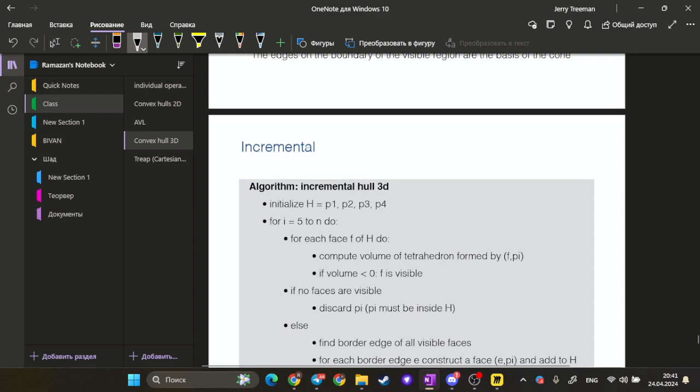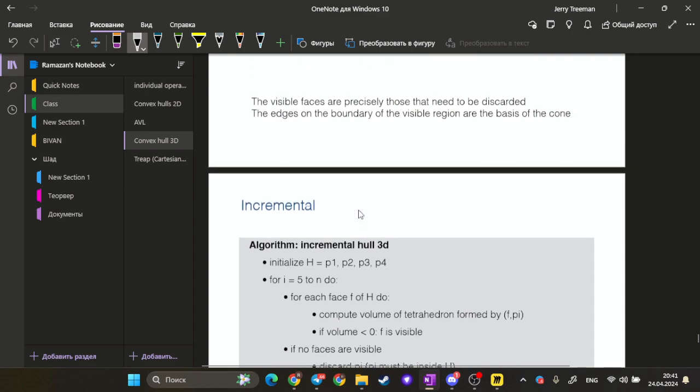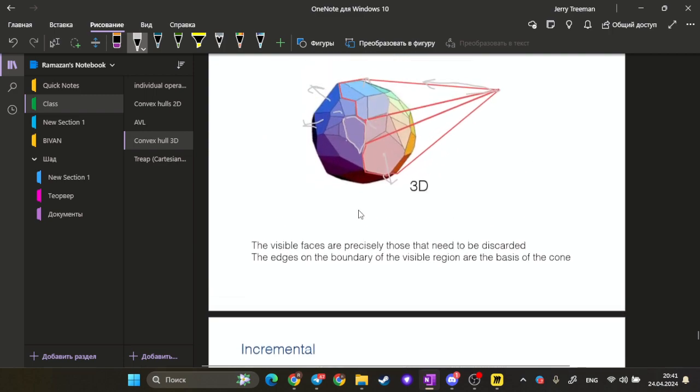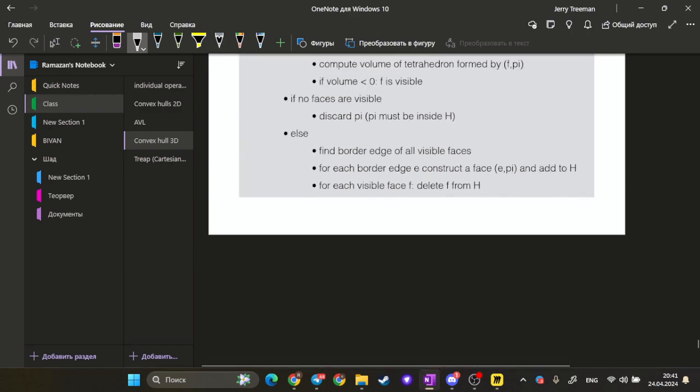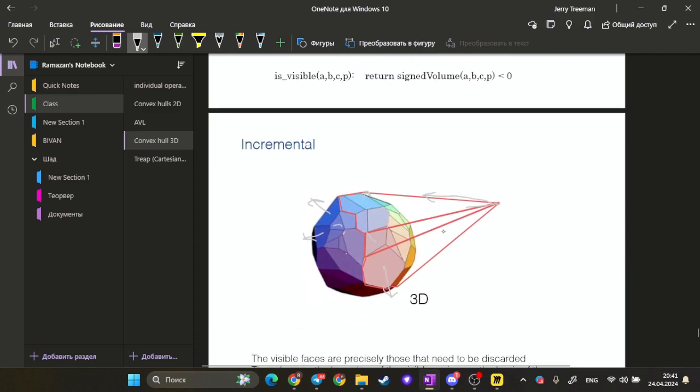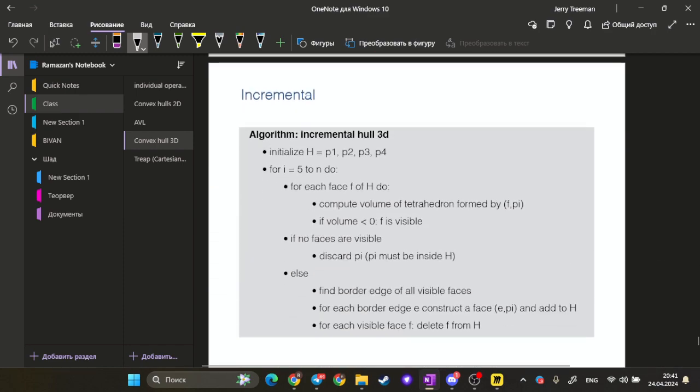Stop, tetrahedron. It's formed on 4 points. This picture is not correct, I think. Okay, we consider a tetrahedron. We consider that our convex hull contains only triangles, yes?